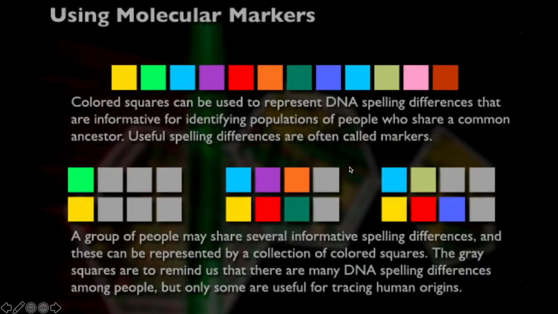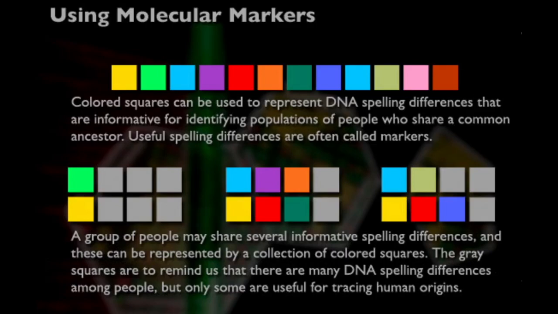So those are barcodes. And we can convert them into what we call molecular markers. You just look at these color squares. These can be used to represent DNA spelling differences, and this is the information you will use to create your conclusion. If they share those spelling differences, of course, they may have originated from a common ancestor.